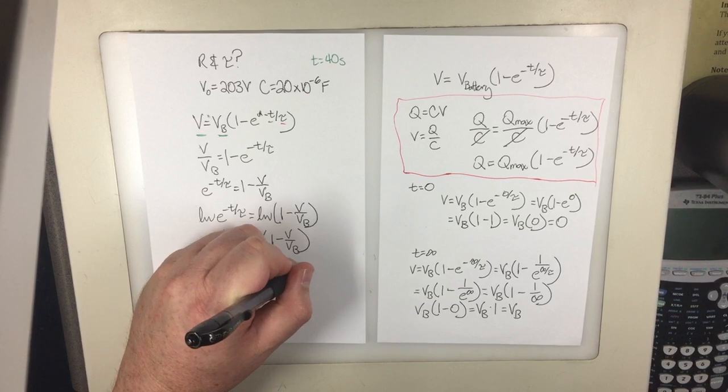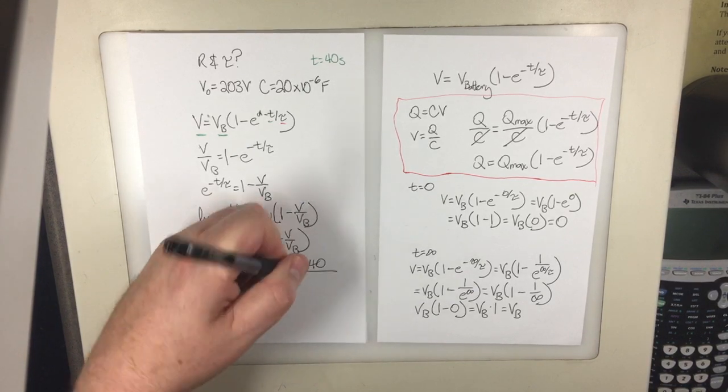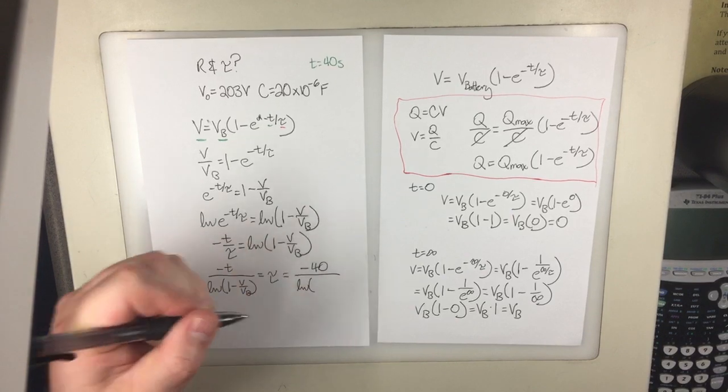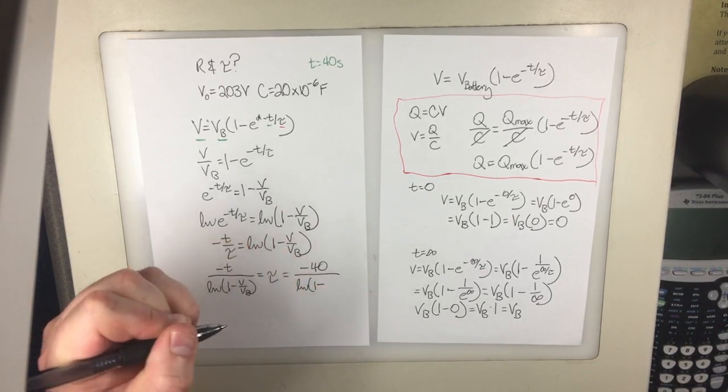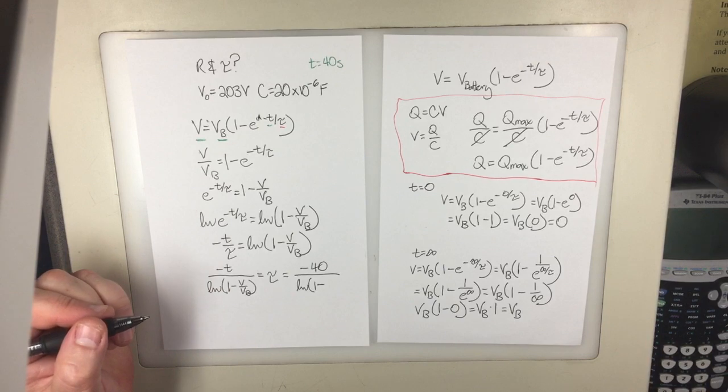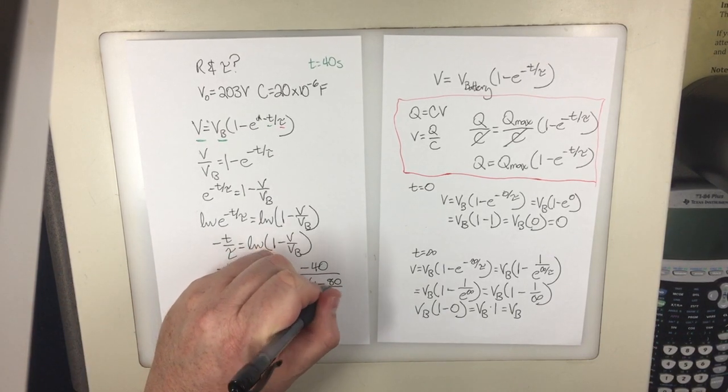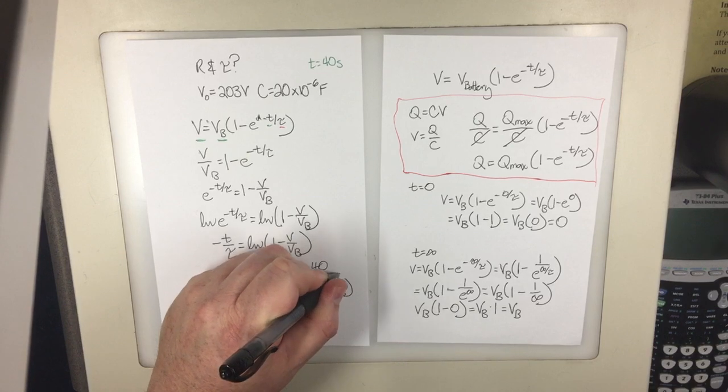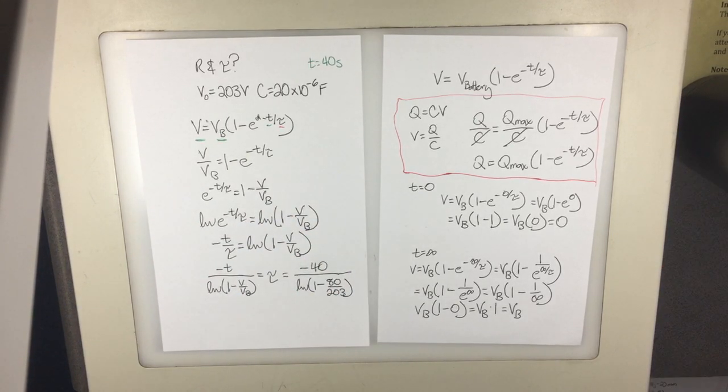So this is negative 40 over natural log of 1 minus, what did I do, 80 over 203. 203 sounds like I was desperately trying to get the numbers to work. 80 divided by 203, 1 minus that, natural log of that.